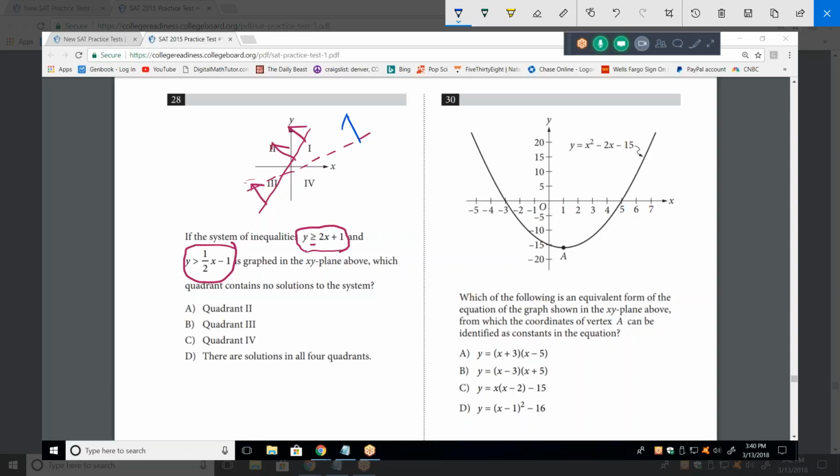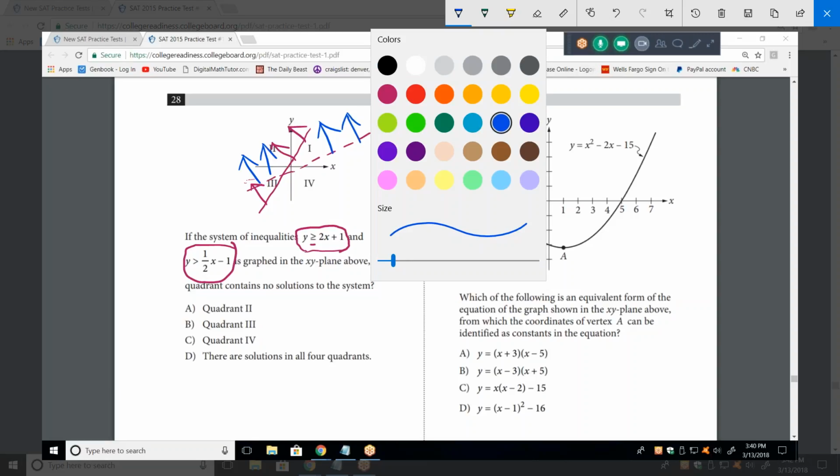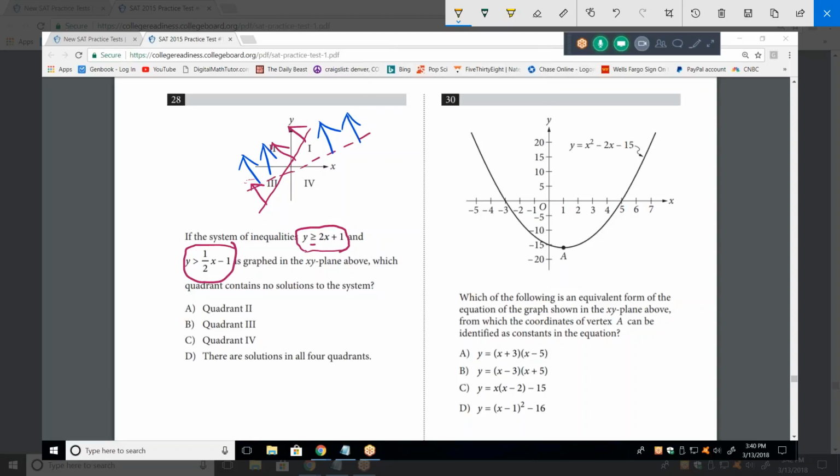Anything there is above the dotted line, and what I'm looking for are areas that are both. Well, if I shade it in, I've got this, like this.